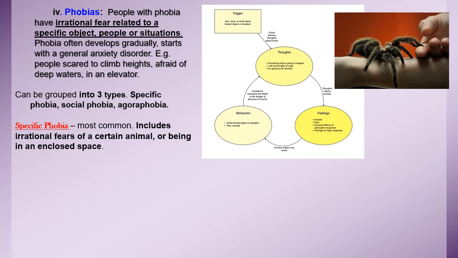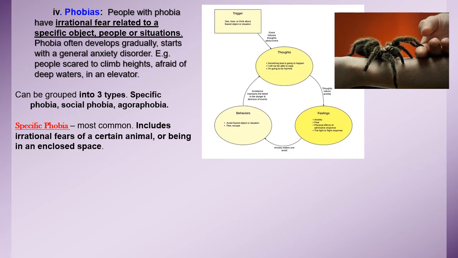The moment he or she thinks about that feared object, the thoughts induce anxiety, and that comes under feelings. Once these thoughts come to mind, feelings develop: anxiety, fear, and the physical effects of the adrenaline response, the fight or flight response. Anxiety makes one avoid it, and that is what is seen in the behavior: avoiding the feared object or situation, or fleeing or escaping.